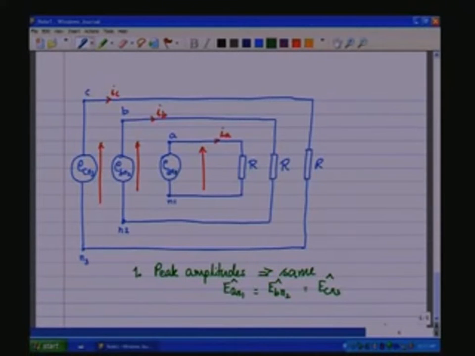And then of course, we have made the impedances of all the three as resistive and all three are same. The loads that all the three see are the same. Now, we apply the second constraint.